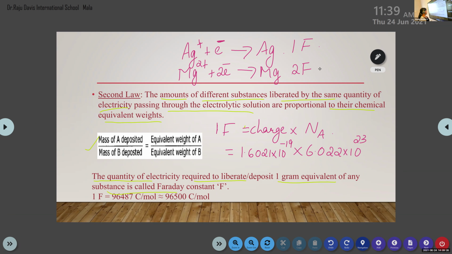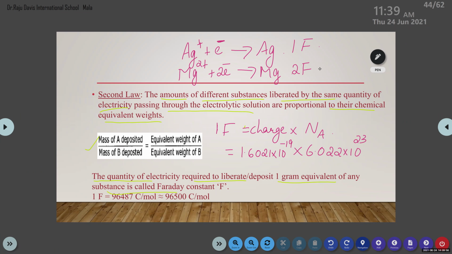Then the quantity of electricity required to liberate or deposit 1 gram equivalent of any substance is called Faraday's constant. And 1 Faraday is equal to 96,487 coulomb per mole, approximately equal to 96,500 coulomb per mole. This is clear? Yes, ma'am.